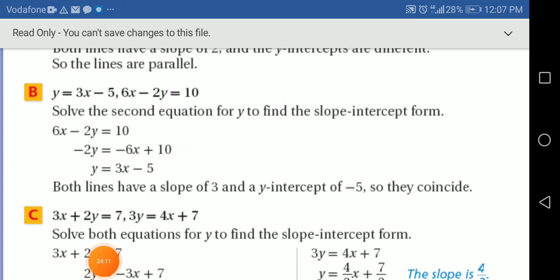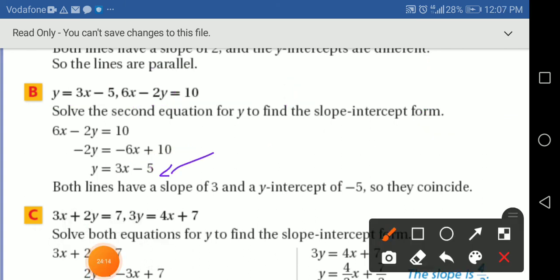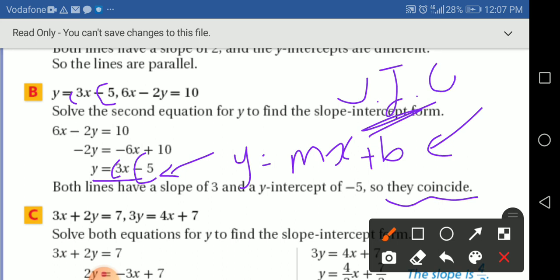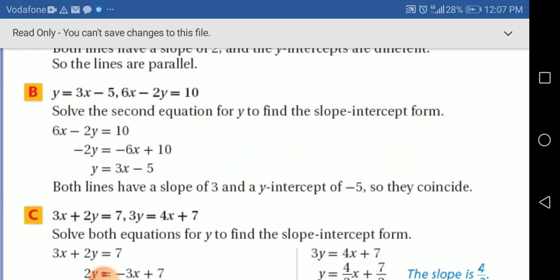After I got my new line in the form of y equal mx plus b, I find the slope is 3 and the y-intercept is negative 5, and in the first line I have 3 and also negative 5. So they coincide. This is very important, guys, a very important question.